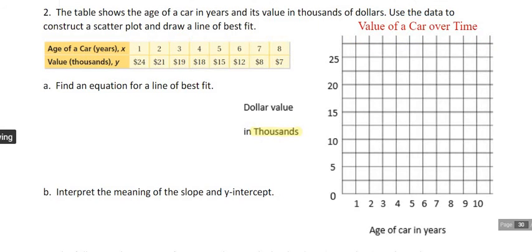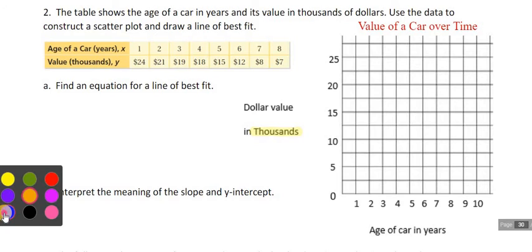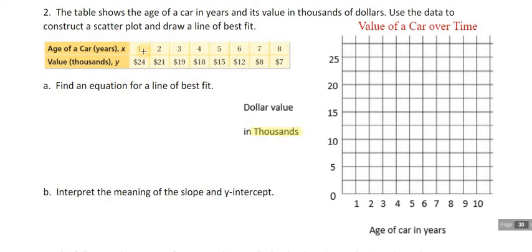All right, so I'm going to plot my ordered pairs here. So a car 1 year old has a value of approximately $24,000. So on the y-axis, each of the intervals here is technically 2.5 or 2,500.